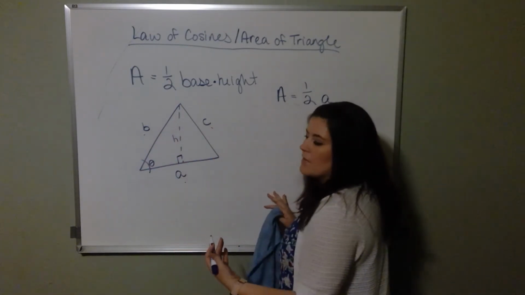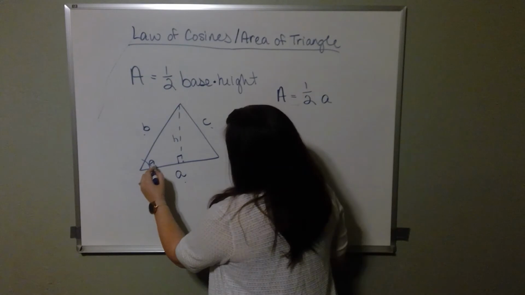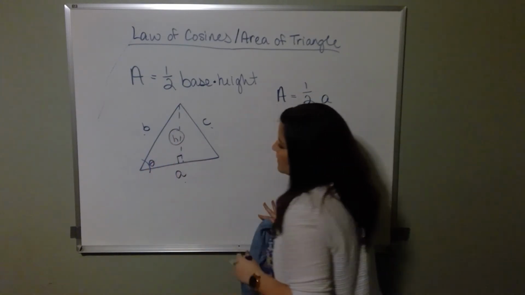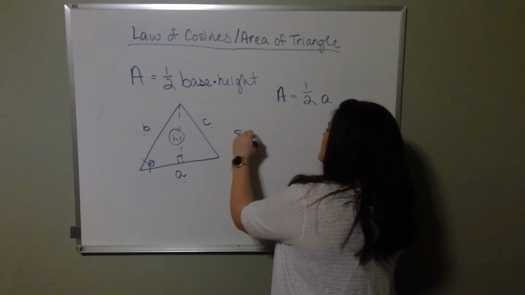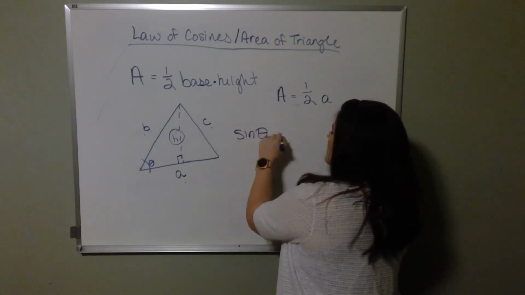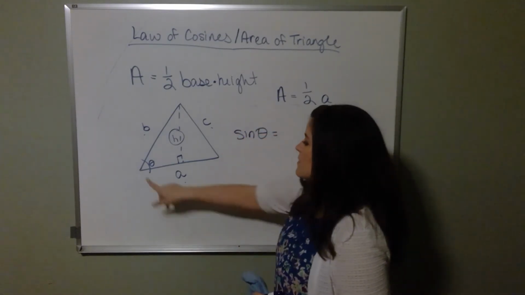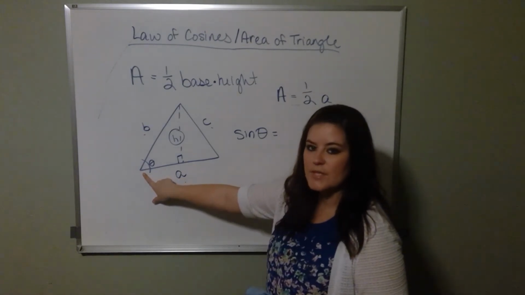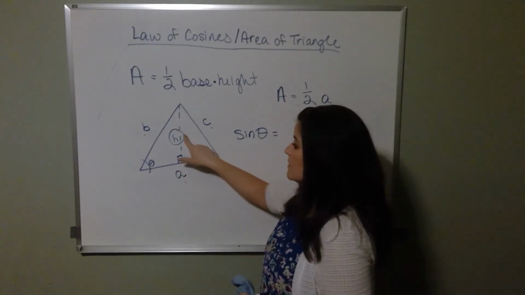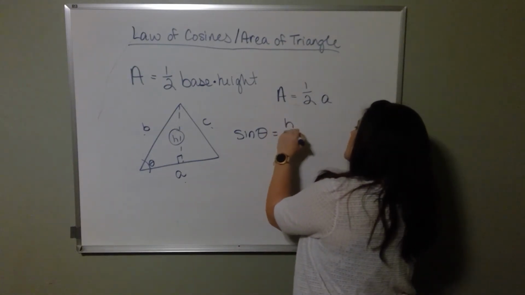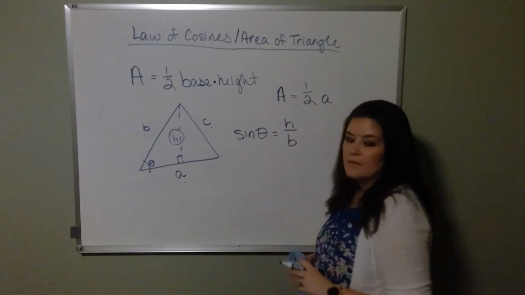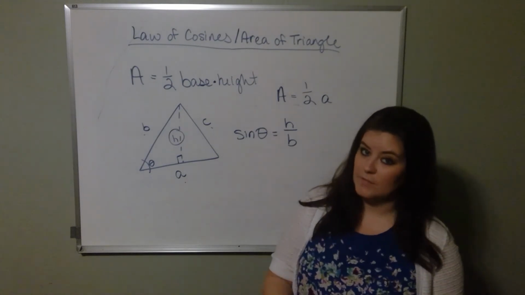Is it true that the sine of this angle theta is opposite over hypotenuse, or H over B? Can you see that? Hopefully, because I'm moving on.